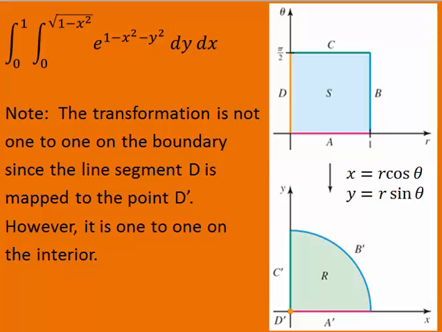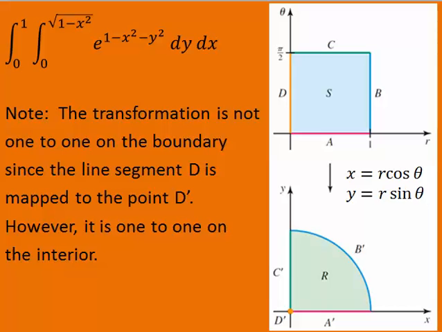I've put r on the horizontal and theta on the vertical, and you might have had it reversed, but really the important piece is that r is going from 0 to 1 and theta is going from 0 to pi over 2, and it's going from 0 to pi over 2 because it's a quarter circle, and r is going from 0 to 1 because the radius of the circle is 1.